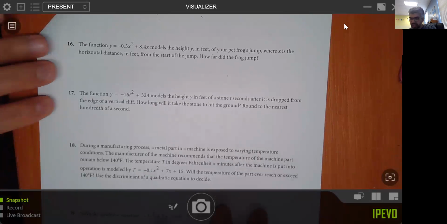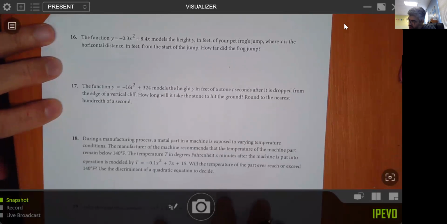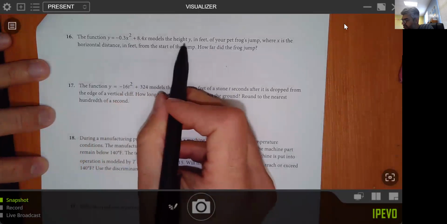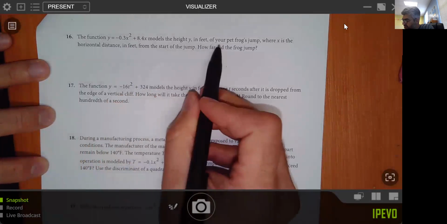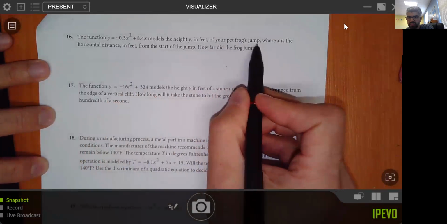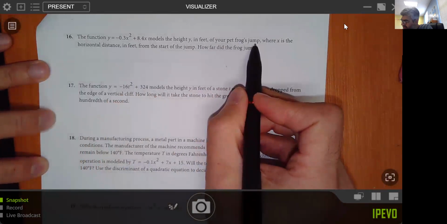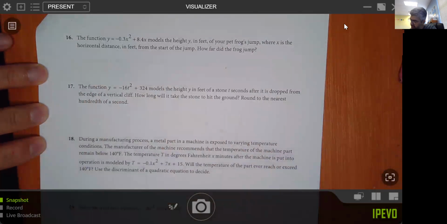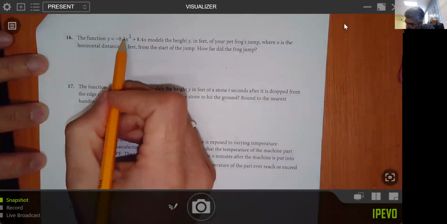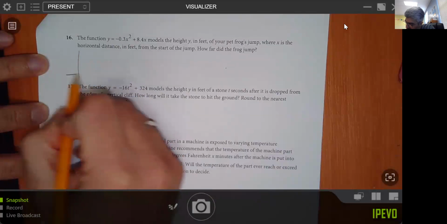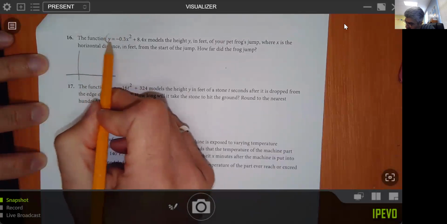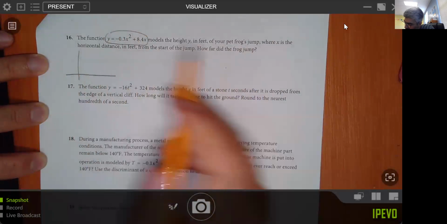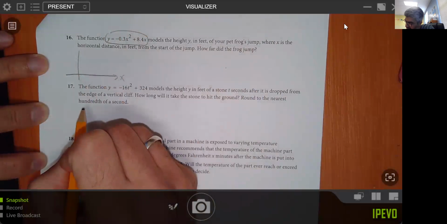The function y equals negative 0.3x squared plus 8.4x models the height y in feet of your pet frog's jump, where x is the horizontal distance. So, what do you see here, guys? This is a quadratic function. X shows the horizontal distance, okay?